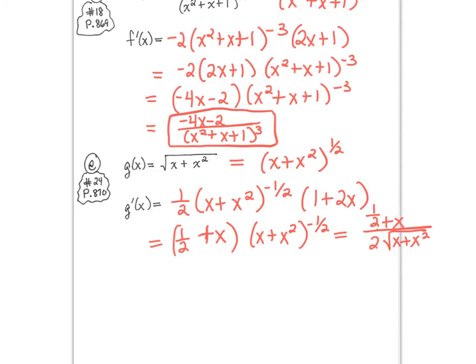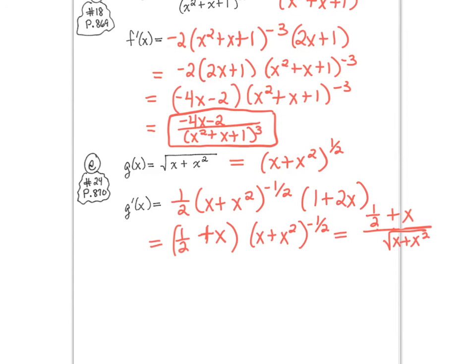So, with the fraction in the numerator? Hold on one second, why can't I erase? Oh, there we go. So you could have 1/2 plus x over the square root of x plus x squared.